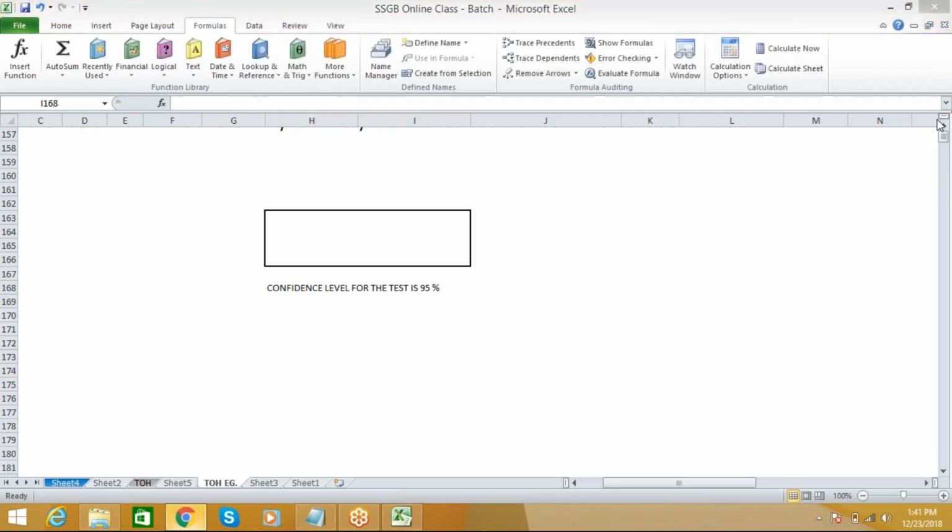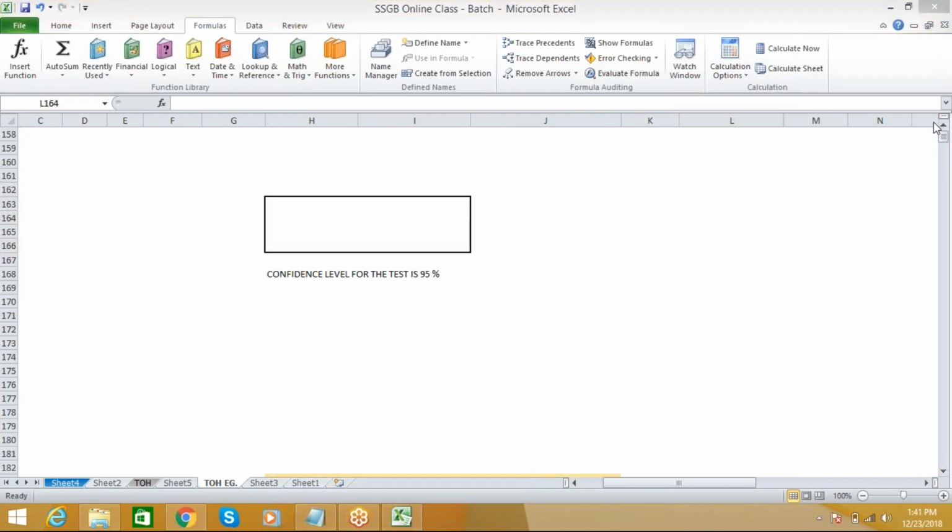Yes, exactly. Like all of you said, the meaning of the 95% confidence level is that with 95% confidence, we can say that in this case, it's the alternate which is true. Correct? So all of you have understood it.